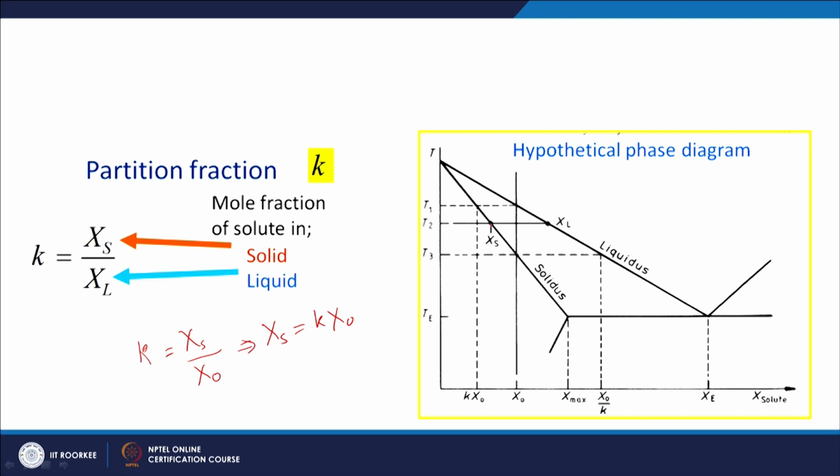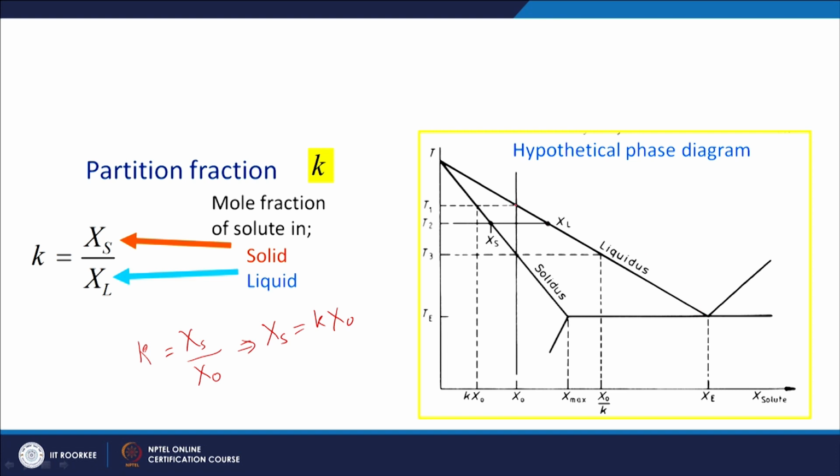I am actually rejecting this much solute into the liquid when a solid is forms. My initial composition is X naught, so I have to reject this much solute content into the liquid. That is why the solute content of the liquid is increasing, so you can see this graph is going like this.